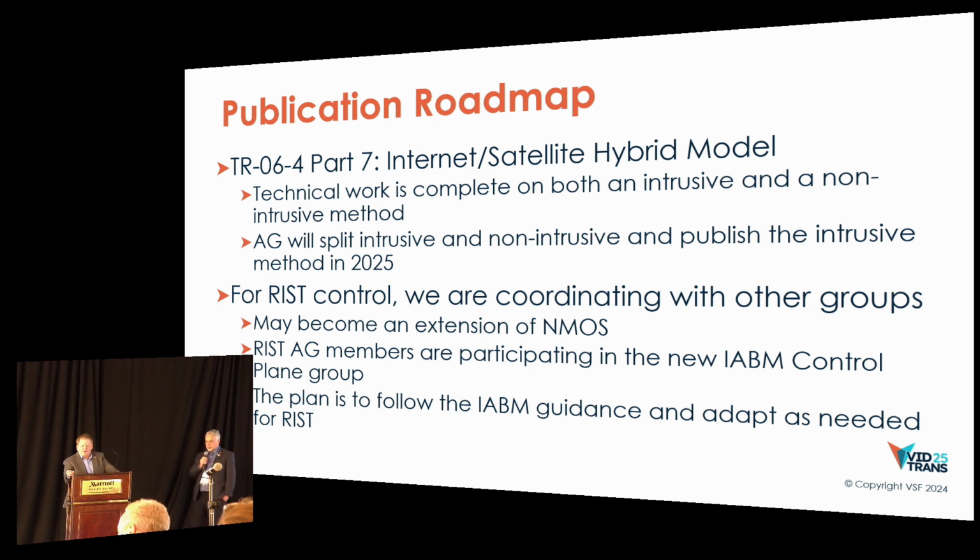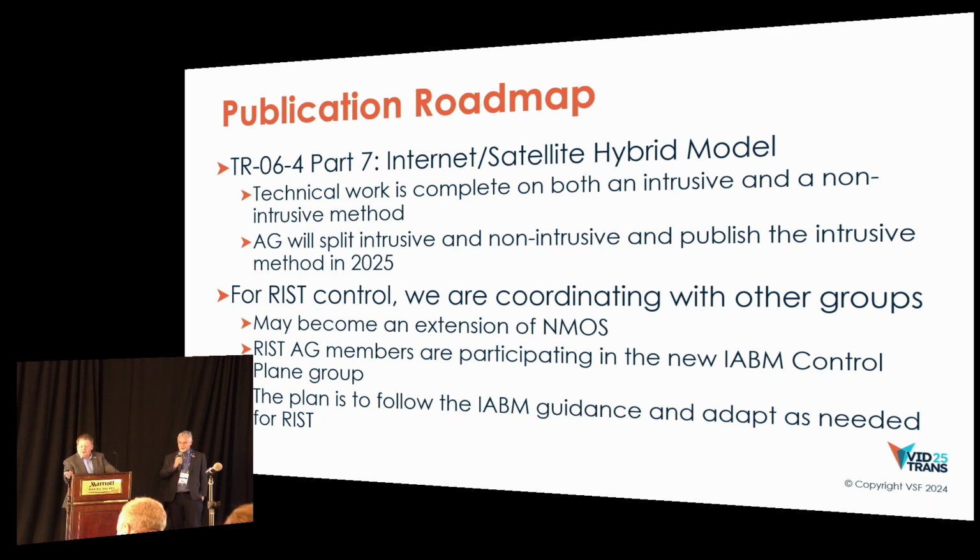Then we'll continue working through the issues we have with the non-intrusive, which should be fully compatible with legacy satellite. The intrusive is too. It's just that there's more stuff to put in the forward path, which you may not be comfortable with, and you may have to find a few bits to make it all work.